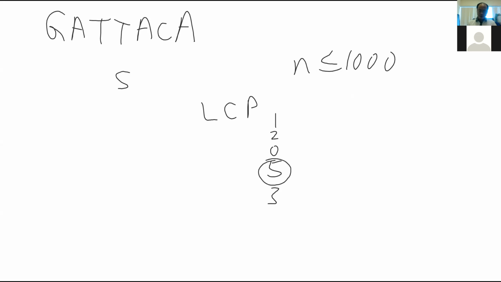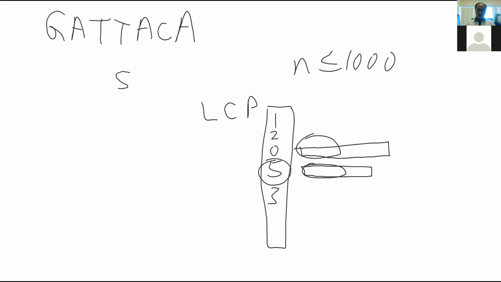This 5 is going to tell you that the suffix before you and this suffix, the first 5 characters are the same. And that indicates that there's a substring of length 5 that repeats somewhere. Okay? So if you want to look for the longest substring that repeats, you basically scan this LCP array and look for the maximum.